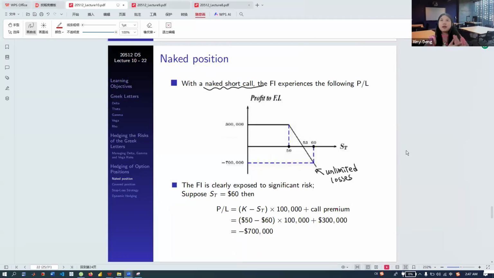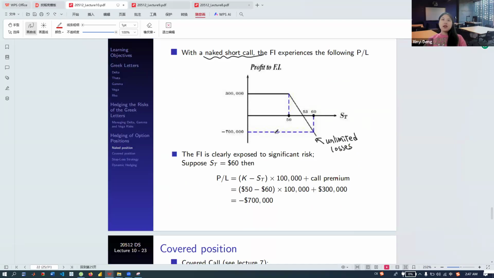For the naked position, if we do not do any hedging at all, from previous lectures, we know that the profit and losses function will be something like this, right? That's the profit or losses from shorting call options. Also, from this function, we can see that we actually have unlimited losses for a naked short call.